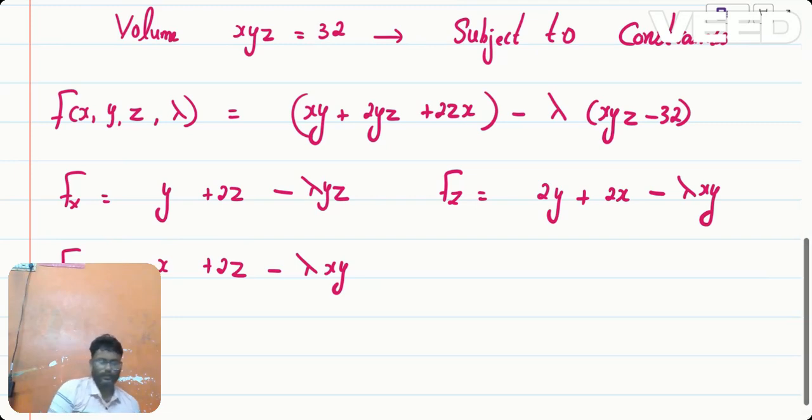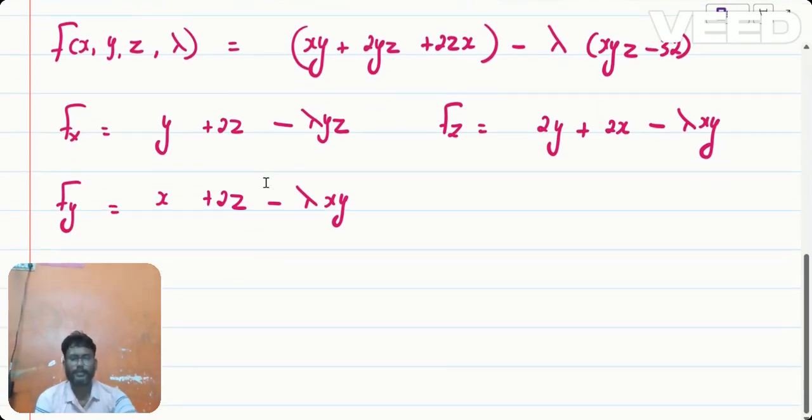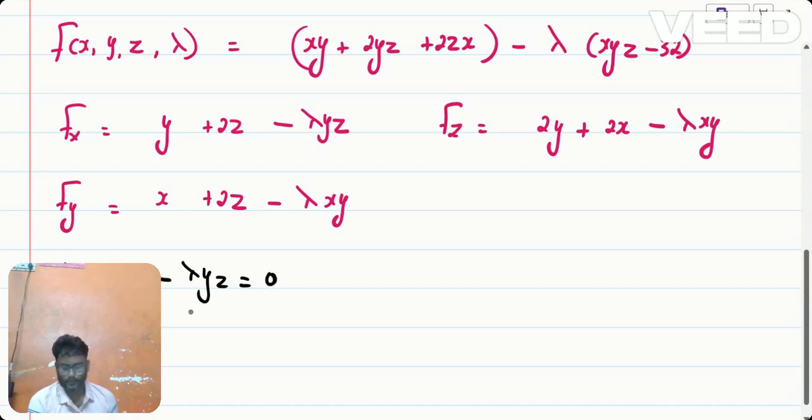Now equating all three to 0. From the first one, y plus 2z minus lambda yz equals 0. So y plus 2z equals lambda yz.